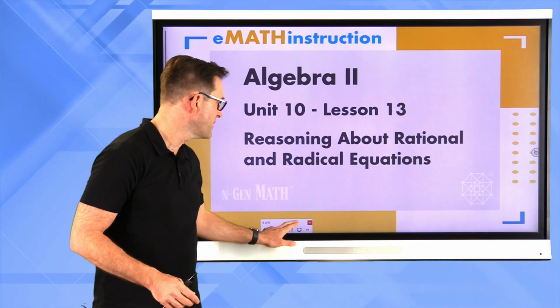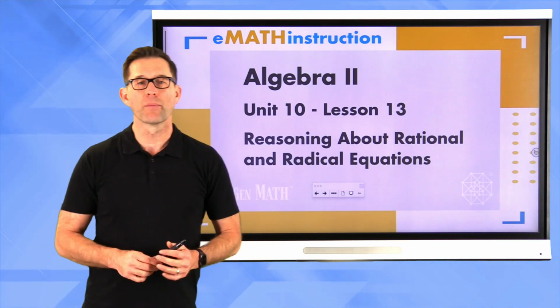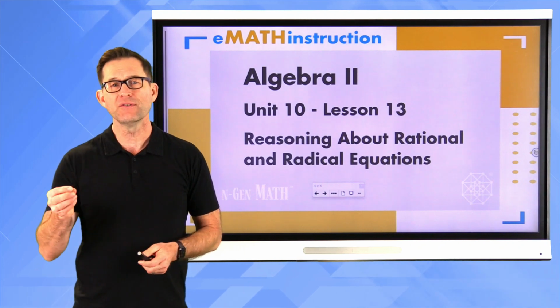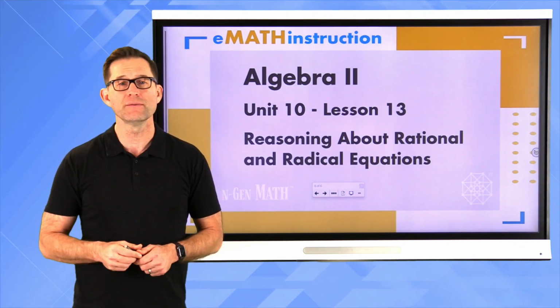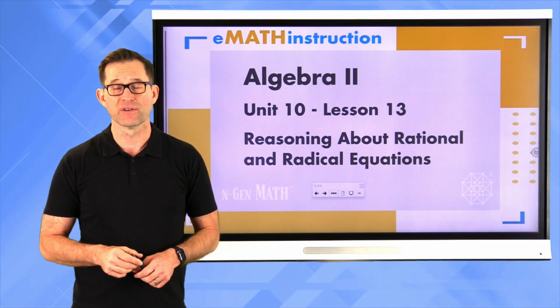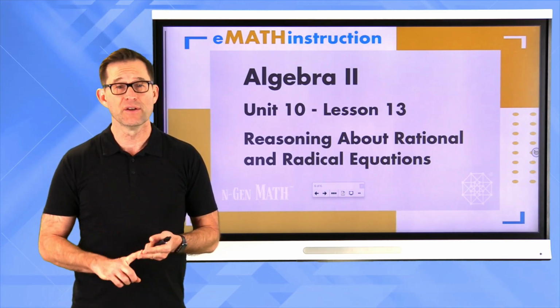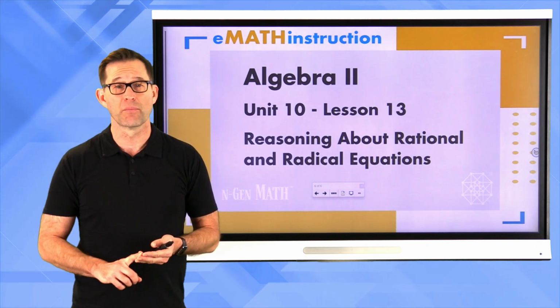So today we had sort of two purposes. One purpose was to take a look at why and what the reasons were for each step in solving a square root equation and solving a rational equation. And mostly that boils down to the multiplication property of equality, the addition property of equality, and the zero product law.